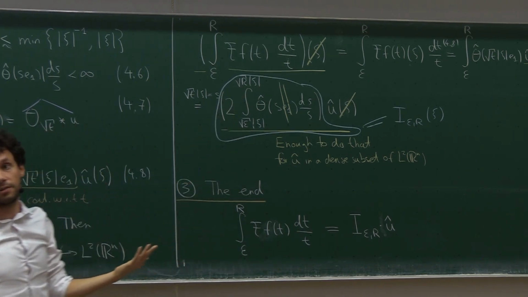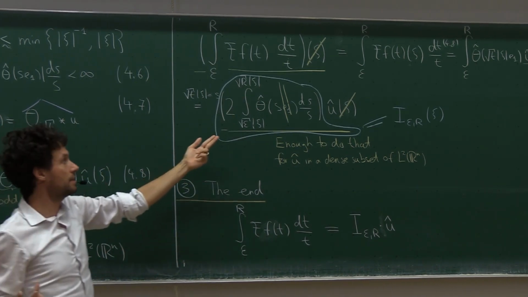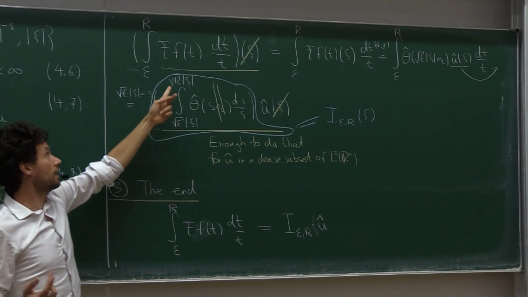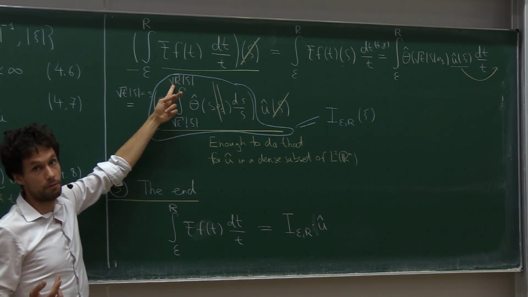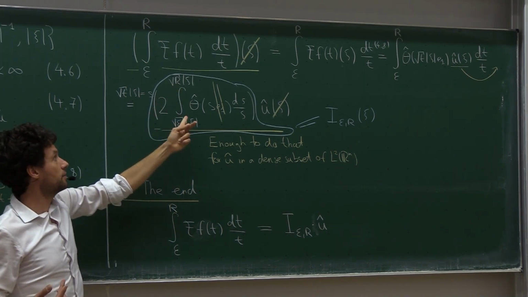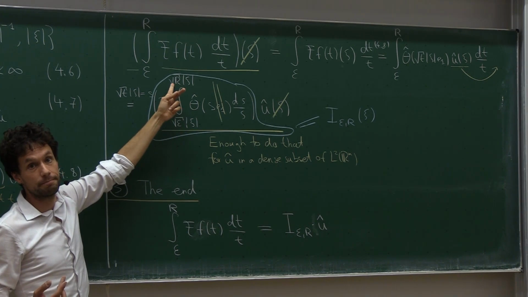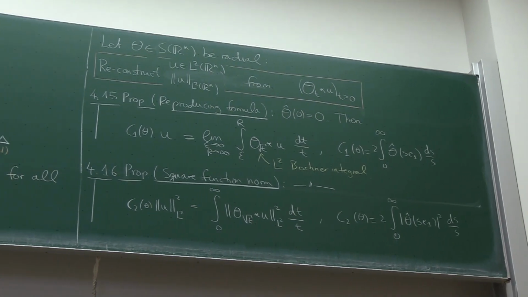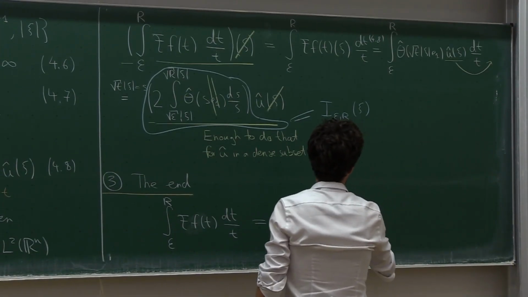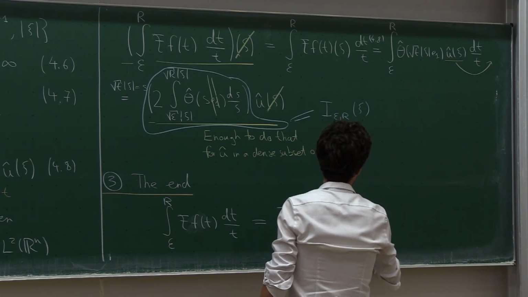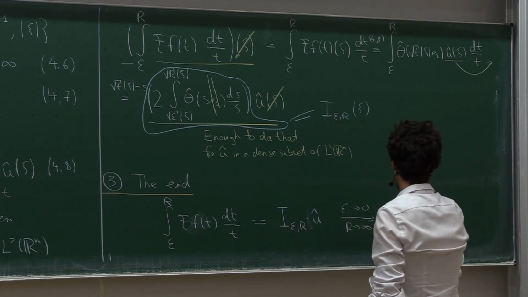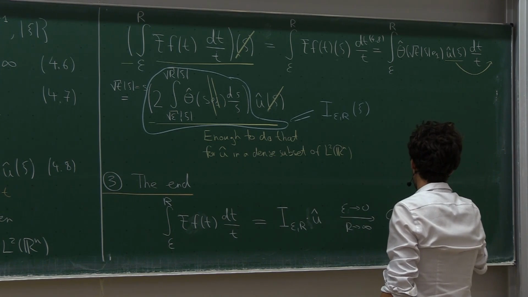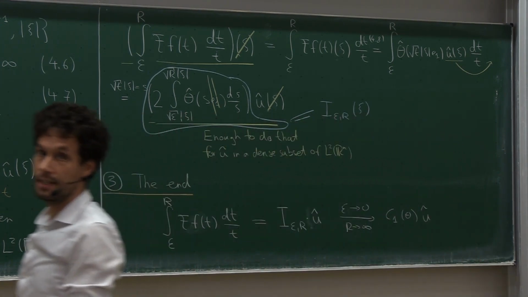So if I fix any non-zero psi, and I take the limit as epsilon goes to 0 and r goes to infinity, these functions of psi, they just tend to the value of the integral from 0 to infinity, which is by definition over there the number c1 of theta. Okay, so this thing here, as epsilon goes to 0 and r goes to infinity, this goes to c1 of theta times u hat in L2.